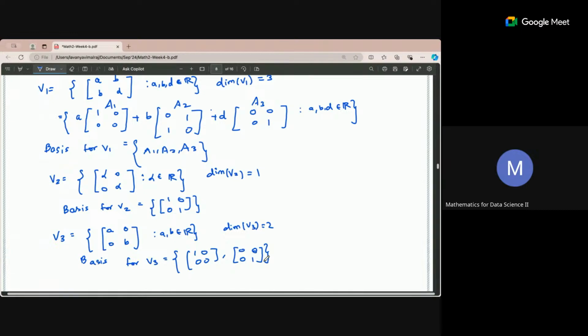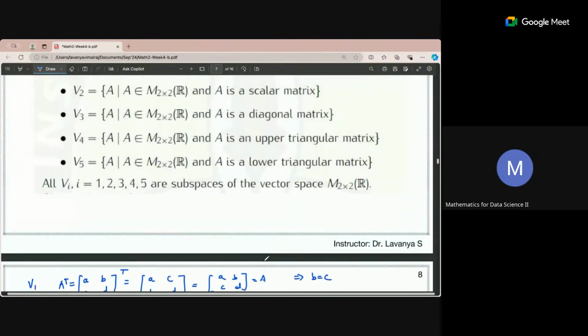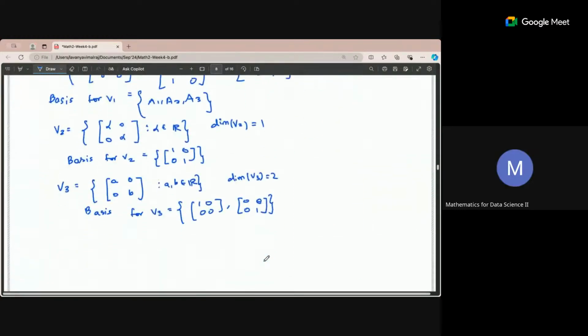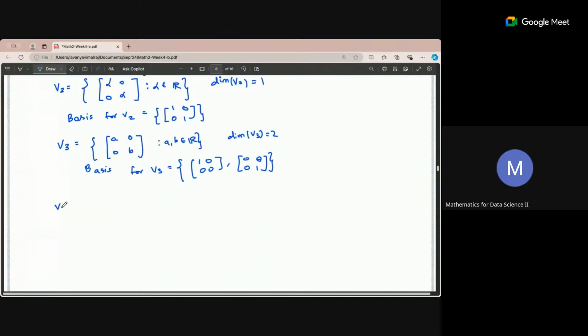Okay. What about V4? The set of all upper triangular matrices. So V4 is [A, B; 0, C], with A, B, C varying in R. Now what is the dimension of V4? 3.